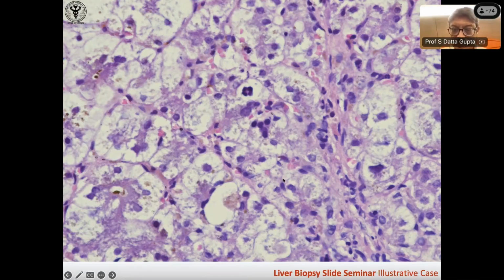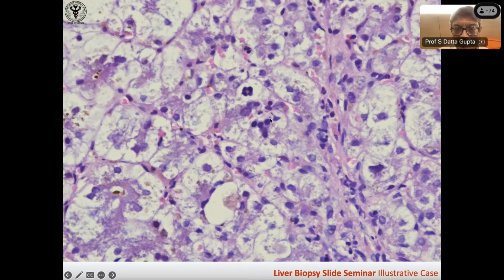So this is a liver biopsy showing diffuse ballooning change, perhaps more in zone 3 or centrizonal area. The cells are enlarged and some of them have 2 or 3 nuclei. There is both cellular and canalicular cholestasis with lymphocytic infiltration and few apoptosis and necrosis.